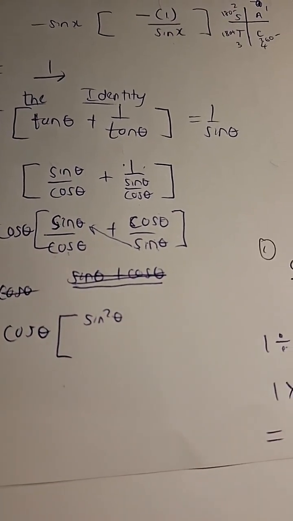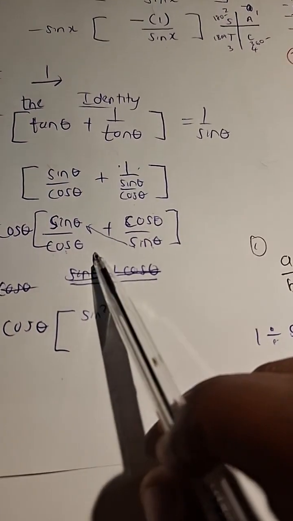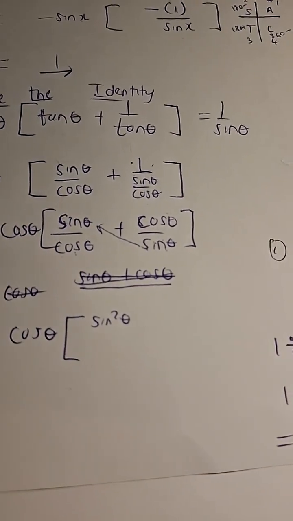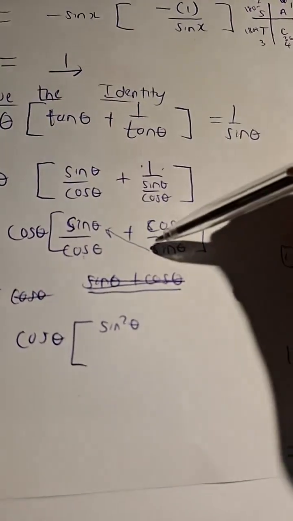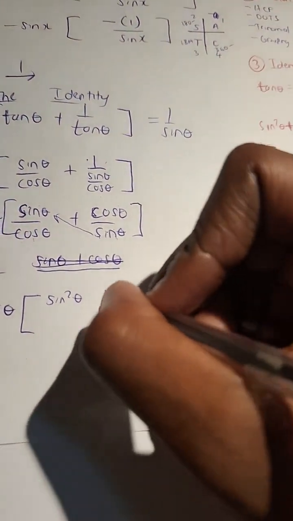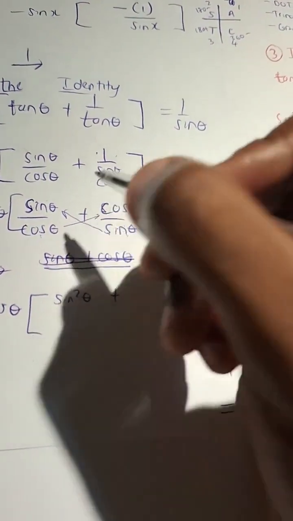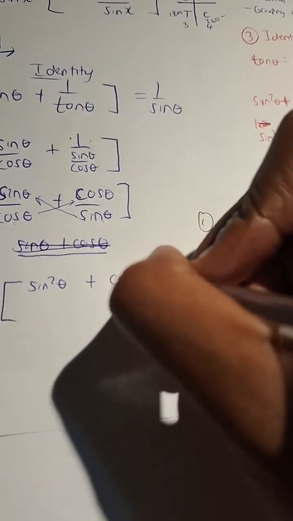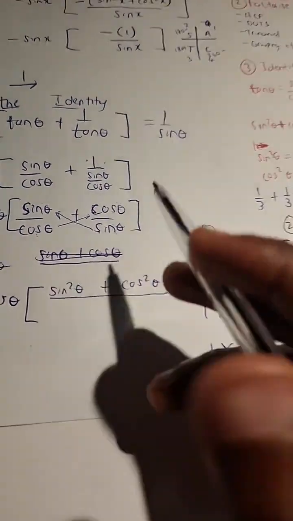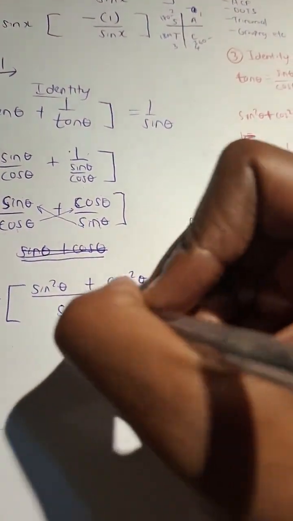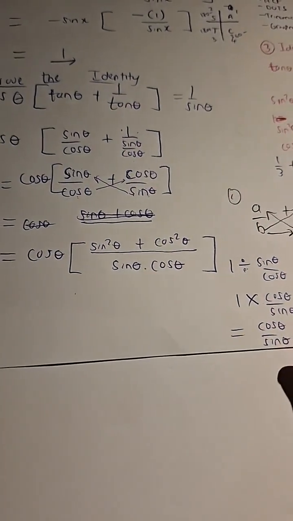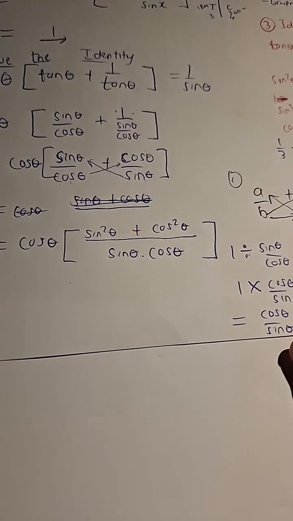But I said to you guys that for trigonometric fractions, the quick and easy way to add two fractions is to take this denominator multiplied with this numerator, which gives you sine squared theta. You take this denominator and multiply with that numerator, which gives you cos squared theta. And then you multiply the two denominators, sine theta cos theta. Okay, do you see that? Yes, guys.